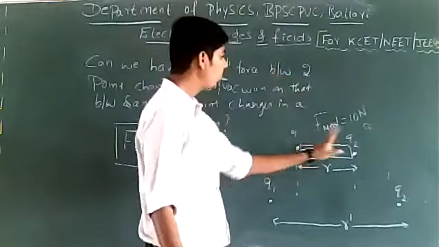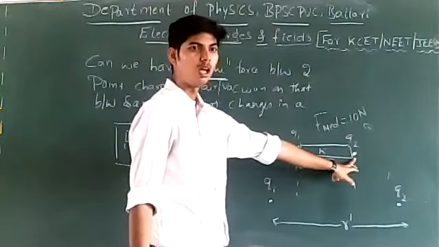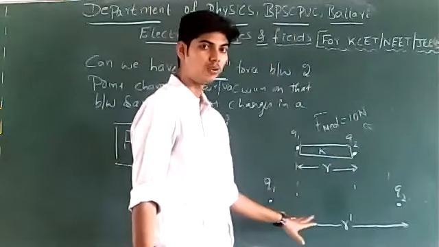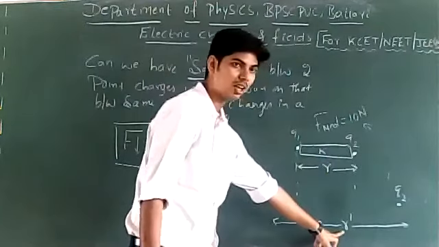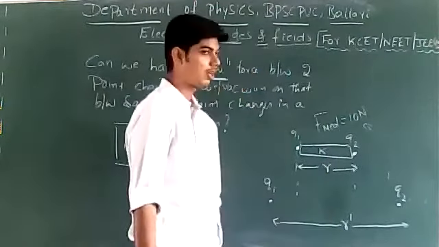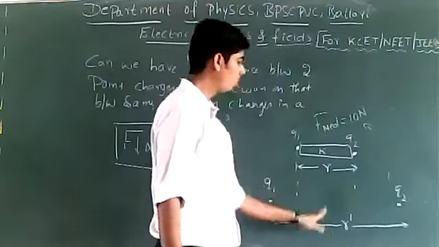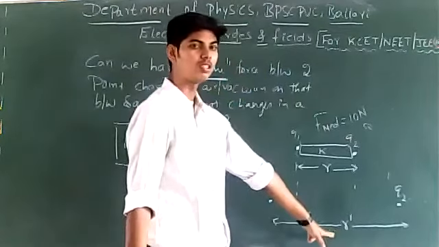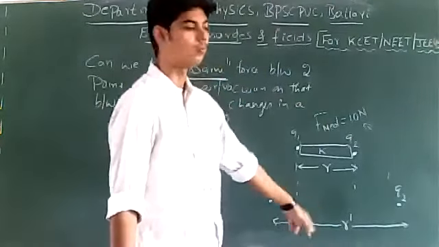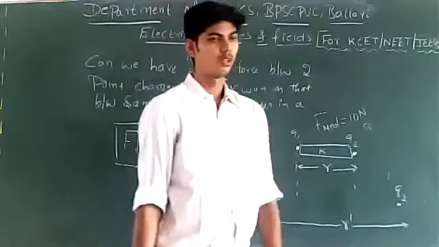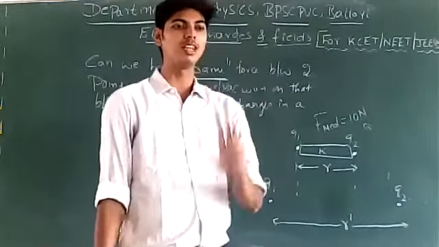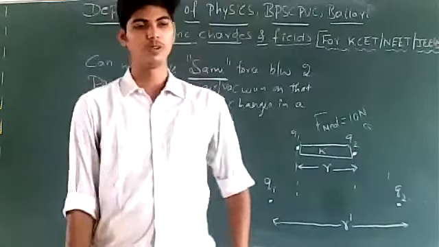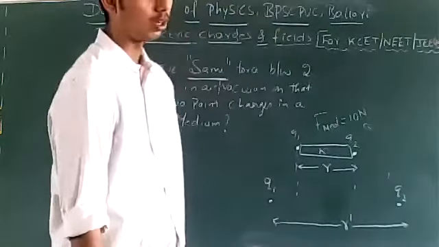If the same two point charges q1 and q2 are now placed in air or vacuum separated by distance r dash, what will be the force between two point charges? Will it be 20 Newton or will it still be 10 Newton?